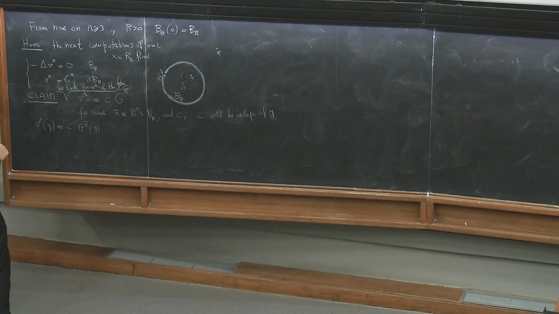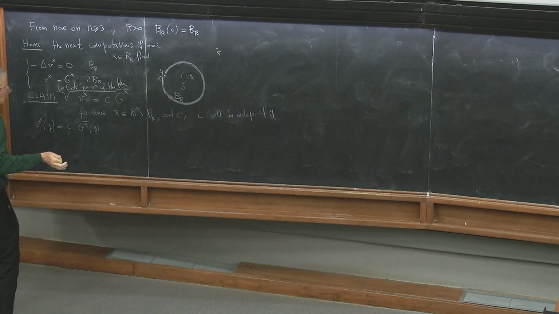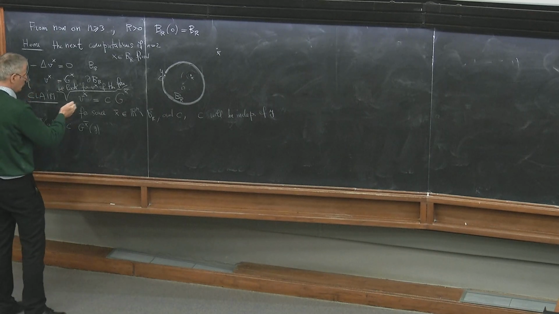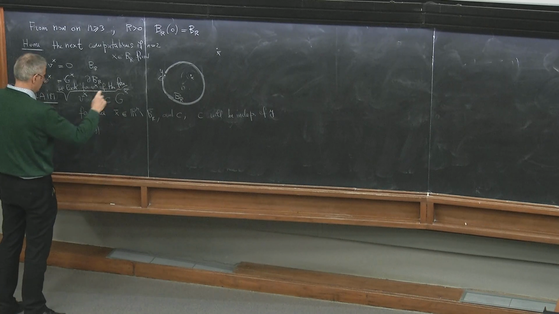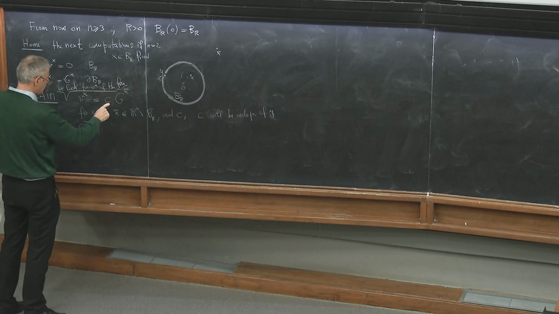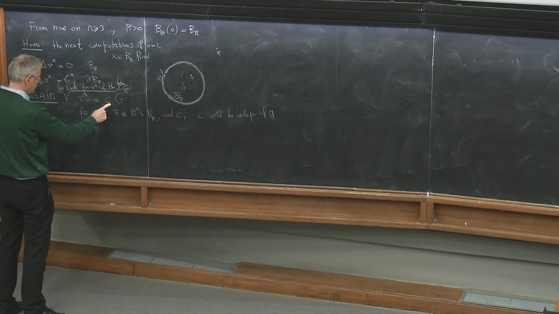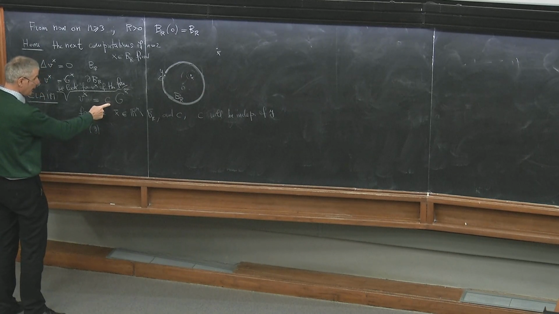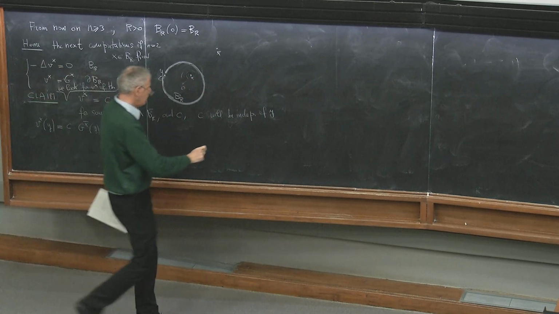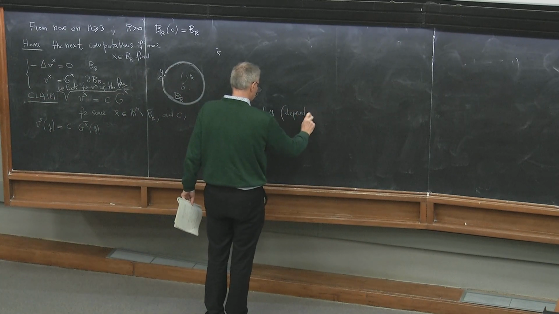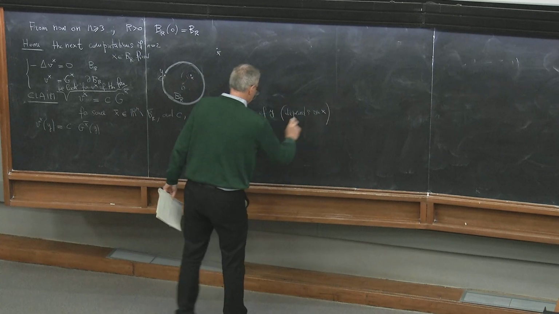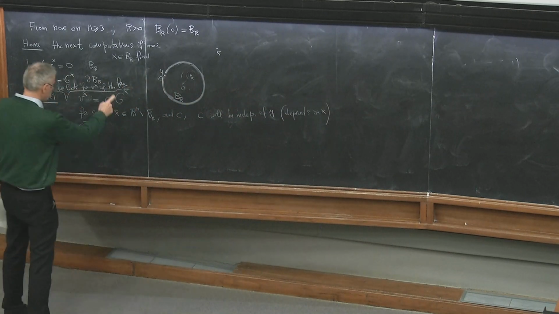Okay? We don't know if it is possible to find Vx. Of course, once x is fixed, if C depends on x, but is independent of y, this will be harmonic, clearly.